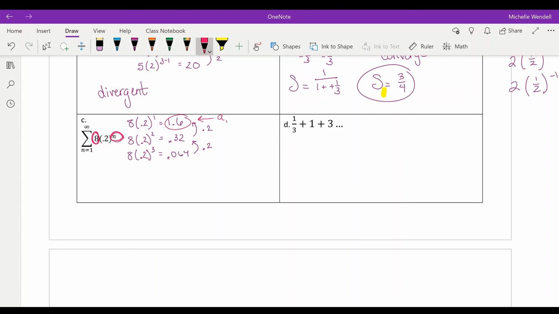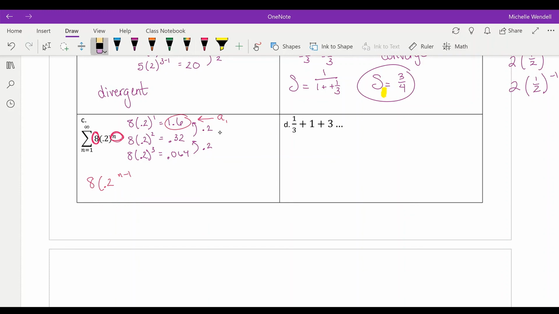When you have n minus 1 and you plug in a 1, you get a 0, which gets rid of the ratio part. So, example, if you had this, you plug in the 1, you get 1 minus 1, which is 0, which means this is just a 1, so you just get 8.